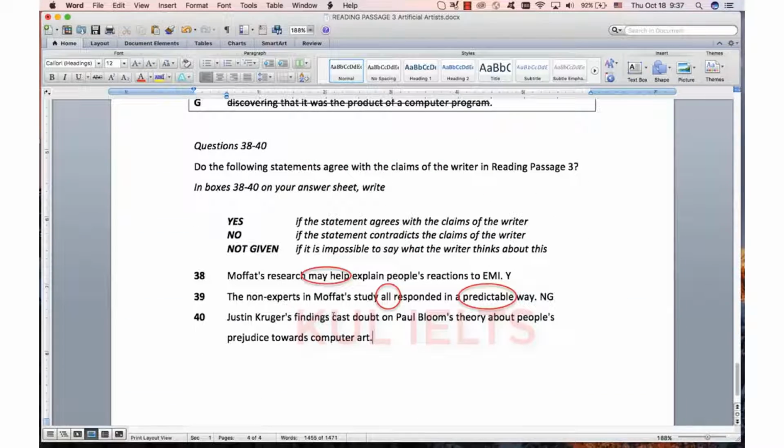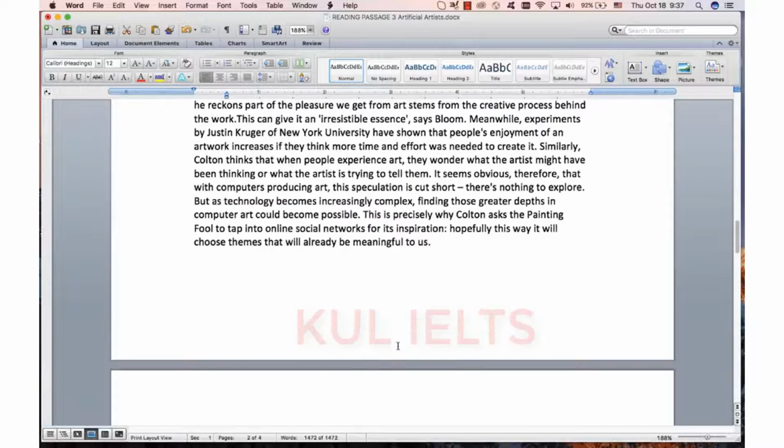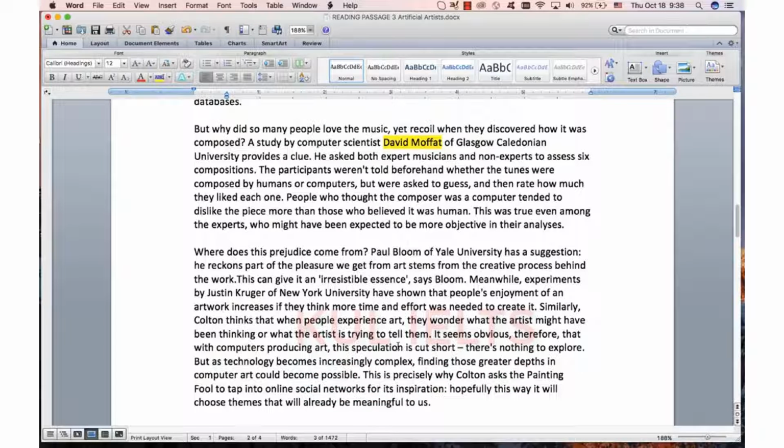Then finally, the cast doubt. Did his findings cast doubt on his theory? So we need something that's kind of negative. So here he is here. And this is very difficult because you've got to know what he says and what this theory was. So his experiments showed that people enjoy an artwork if they think more time and effort was needed to create it.